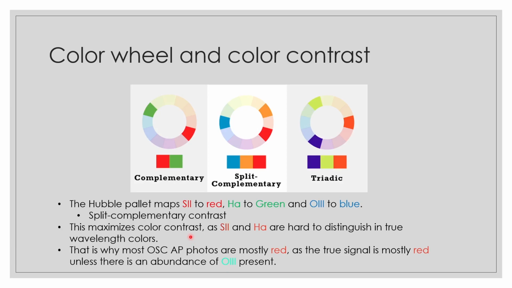And as you know, sulfur 2 and hydrogen alpha, they're both red, and so they're hard to distinguish as true colors. So if you really want to see, well, what's the hydrogen alpha data compared to the sulfur 2 data, or what's the hydrogen alpha data compared to the O3 or the hydrogen beta, the best way to show the differences in these elements in your image is to use some form of complementary color contrasting.